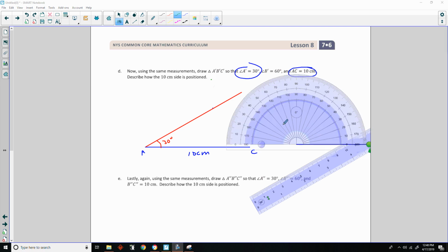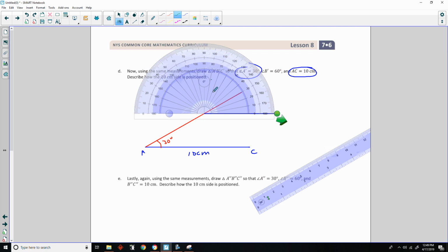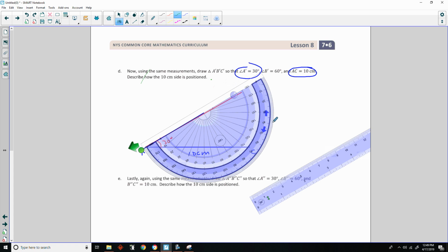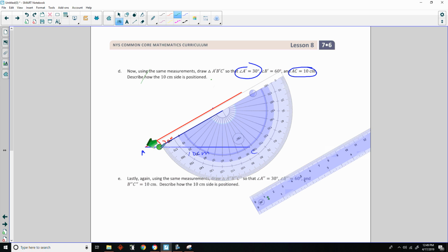Okay, so I need my protractor to be on this red side somewhere. I need to rotate it around so that I'm right on it, like so. And then I need to be able to find where, and I need to make a 60-degree angle.